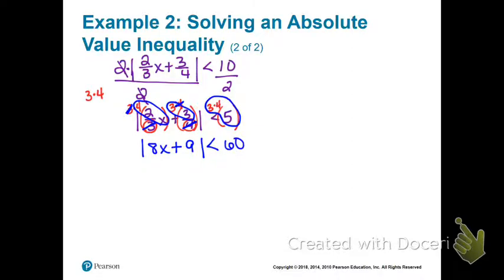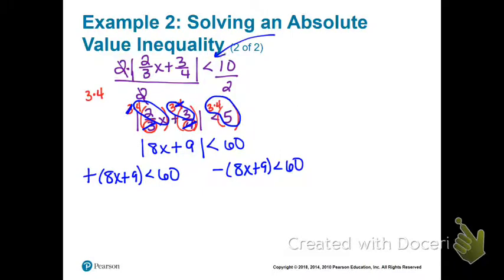We're ready to solve our absolute value part. So we're going to split this. We're going to take the positive of what's inside is less than 60. And we're going to take the negative of what's inside is less than 60. Now remember, this is a less than. And I forgot to ask to make sure we had absolute value on the left, and we did.